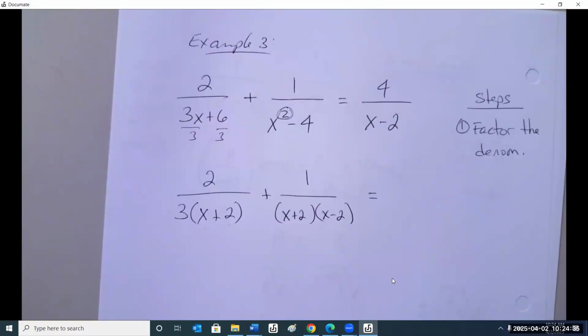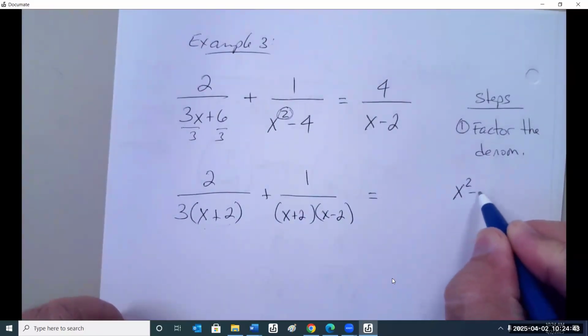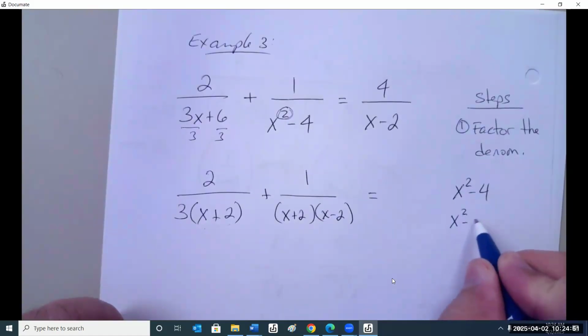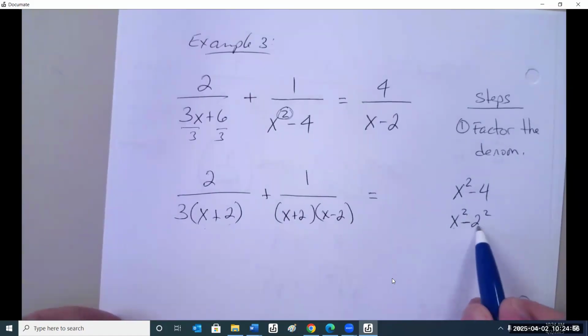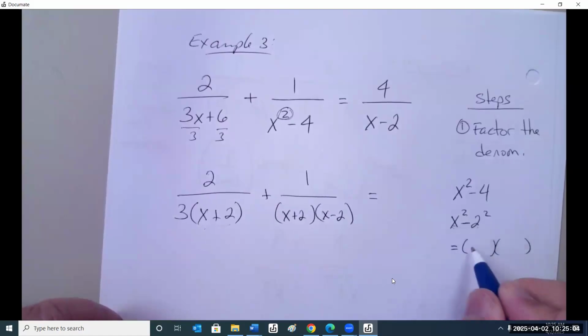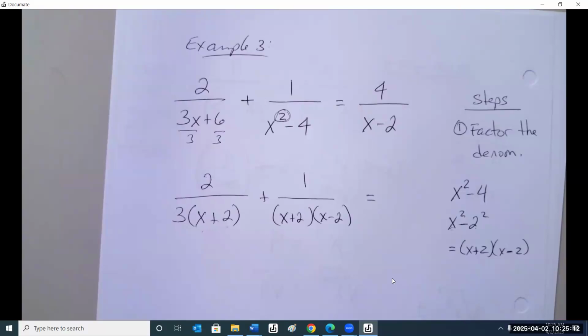Whenever you have something like this, x squared minus 4, 4 is made up of what? So it's x squared minus 2 squared. This is what's called the difference of two squares. And whenever that happens, we take both of these numbers, x and 2. One's positive and one's negative, because the middle term cancels. Very good.